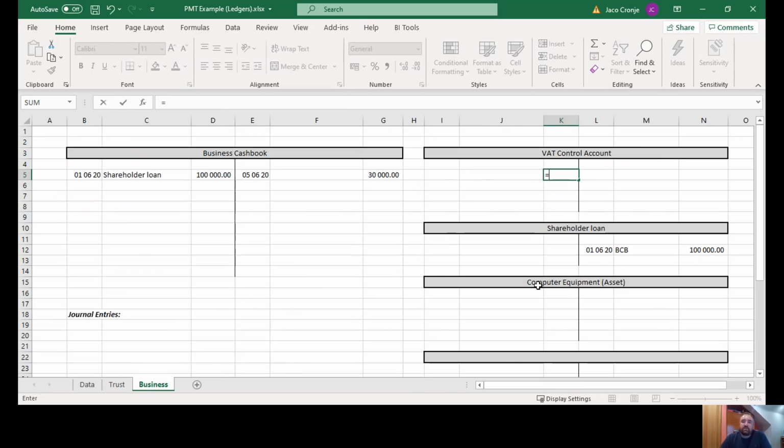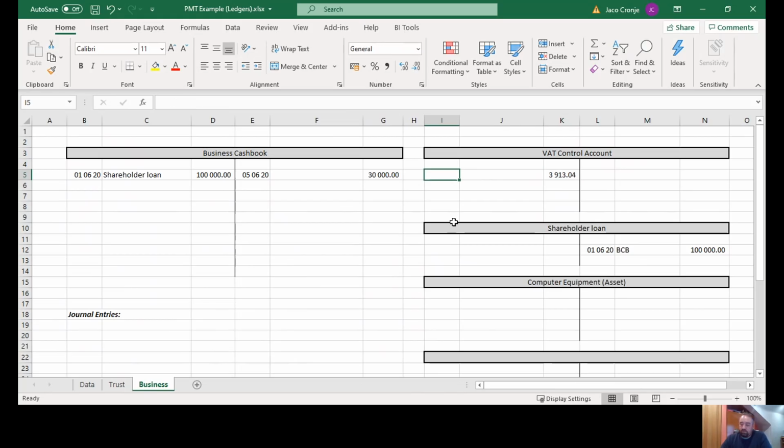If I have the inclusive amount, it's times 15 divided by 115. That is the amount of VAT that I can claim back from SARS. See, it's on the debit side, so at this point it's classified as an asset. SARS will in future pay that money back to me.